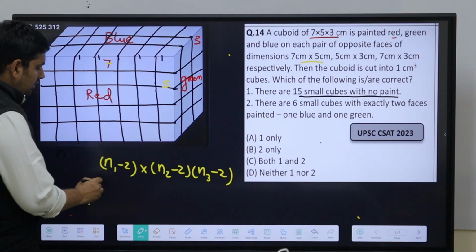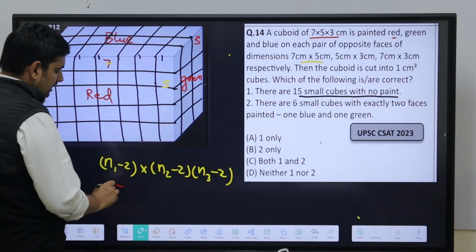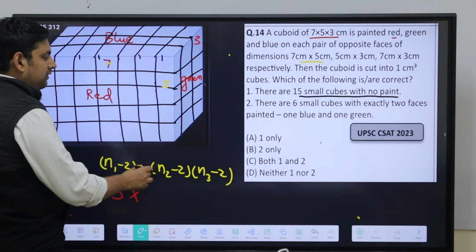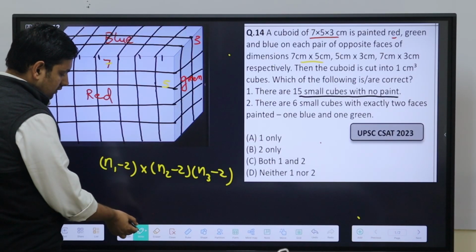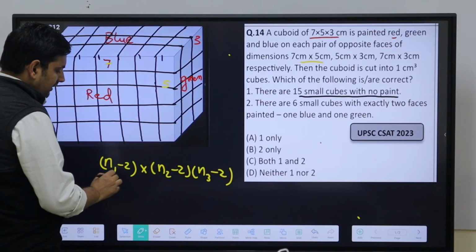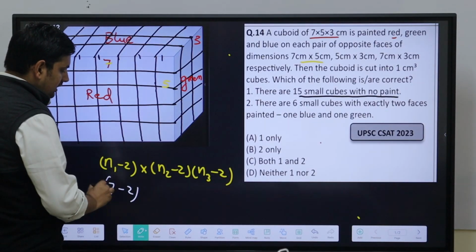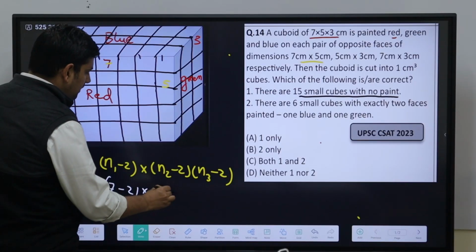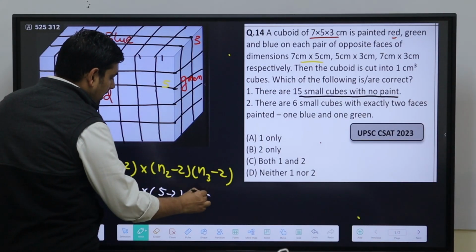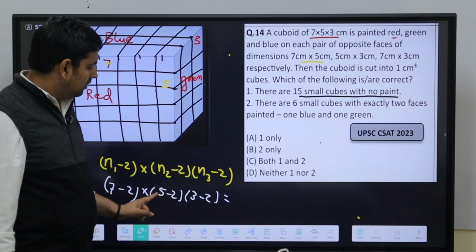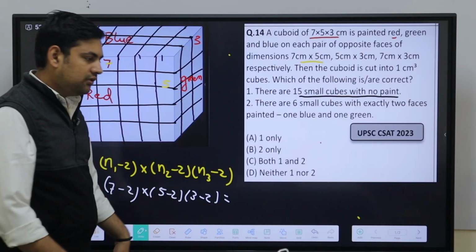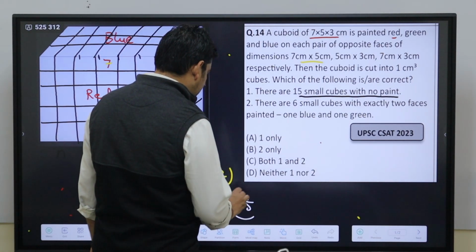Now I put it here. So this becomes 7 minus 2, that is 5, into 5 minus 2 into 3 minus 2. What you get? 7 minus 2 is 5, 5 into 3, 5 3s are 15, 15 into 1 is 15. So you get 15 only.